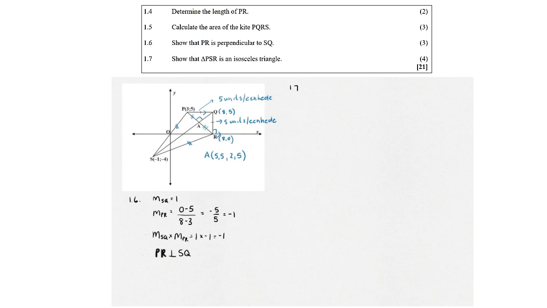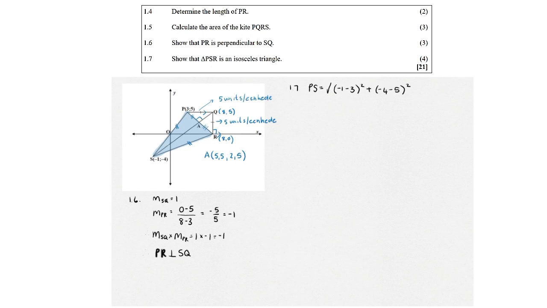In question 1.7, we need to show that triangle PSR is an isosceles triangle. We know that it has to be an isosceles triangle because PS is equal to RS since PQRS is a kite. But now we need to show this, so we are going to determine the lengths of PS and SR. The length of PS is equal to the square root of negative 1 minus 3 in brackets squared plus negative 4 minus 5 in brackets squared.